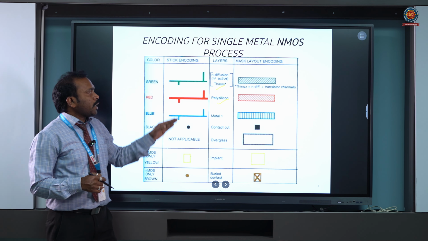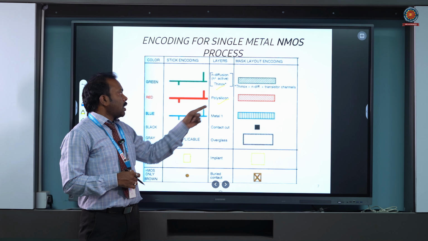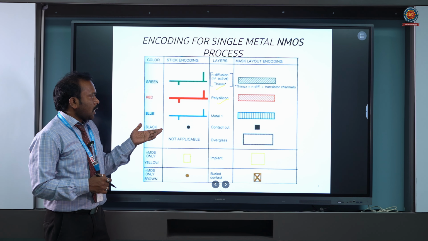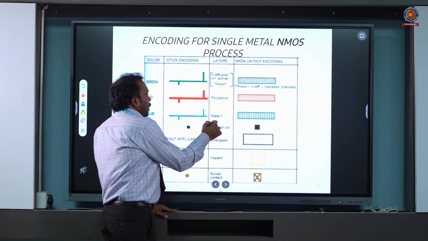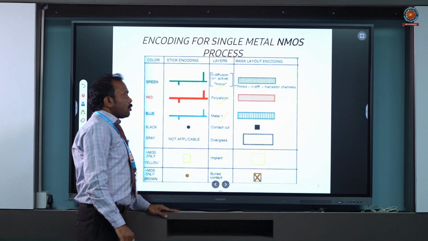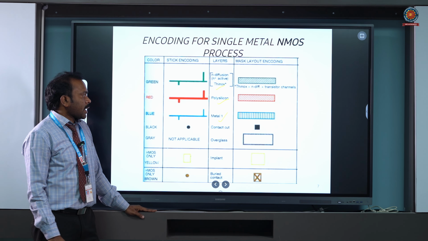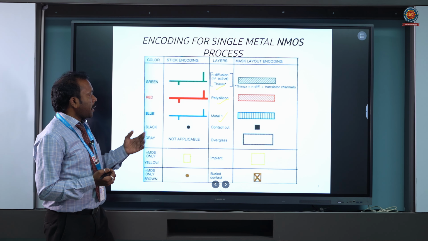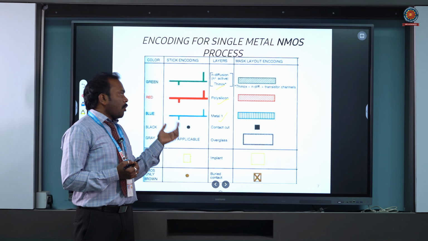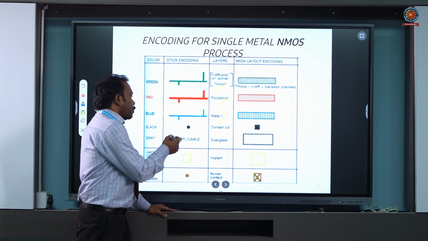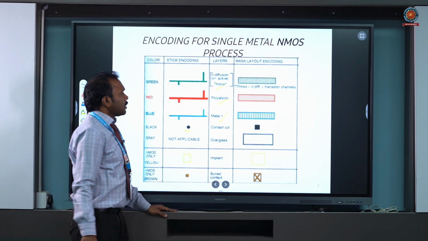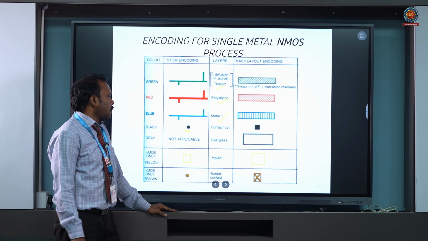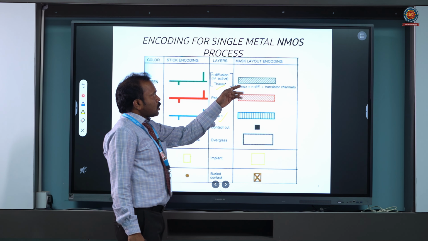Hence I have shown only one type, that is the N plus active region, where the polysilicon will form the gate terminal, and the color blue is used to represent the metal contacts. Where N diffusion, P diffusion or polysilicon make contact with the metal, we show this contact with a small black circle.